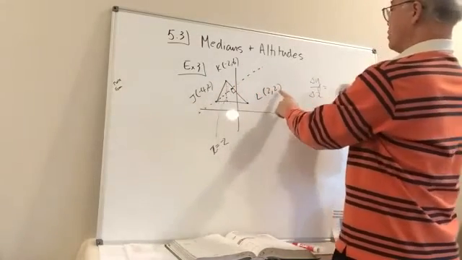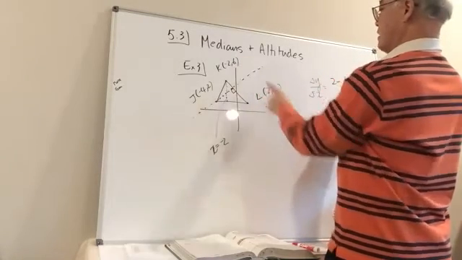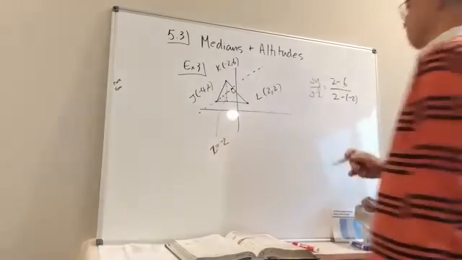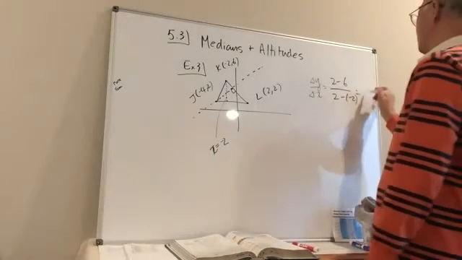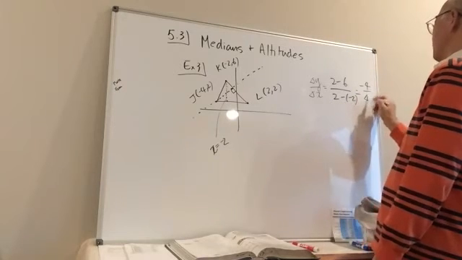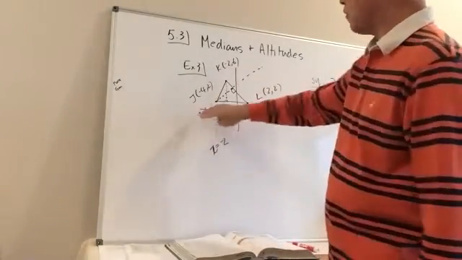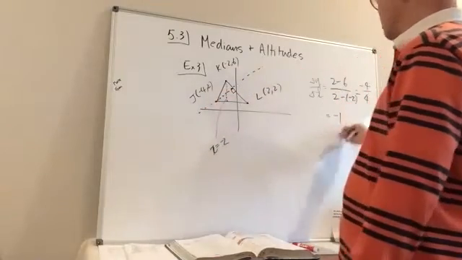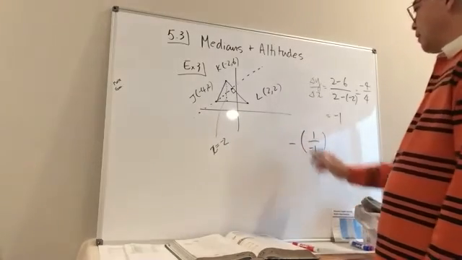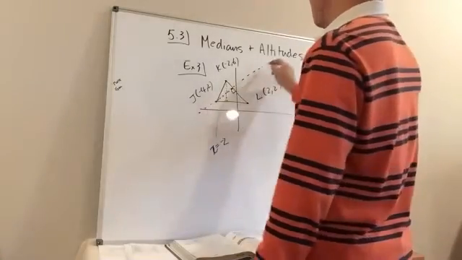Delta y is 2 minus 6, and delta x is 2 minus 2... I mean 2 minus -2. I get -4 on top, and on the bottom 2 plus 2, which is 4. So my slope for this line is -1, which means that the slope for this guy is the opposite reciprocal, -1 over -1. Minuses cancel out. It's going to be 1. So the slope of this is 1.